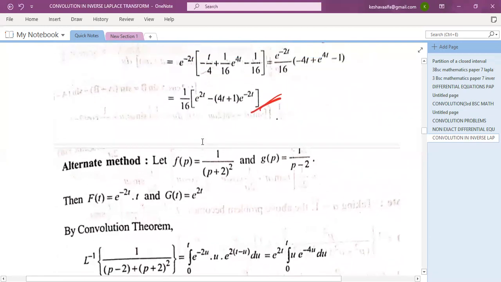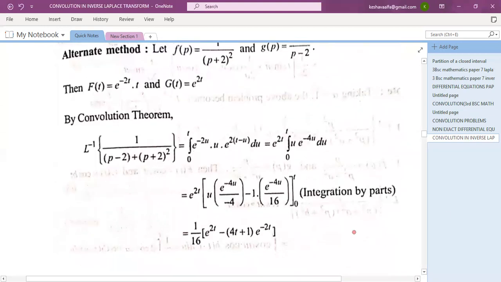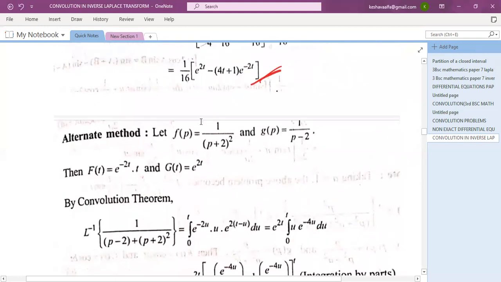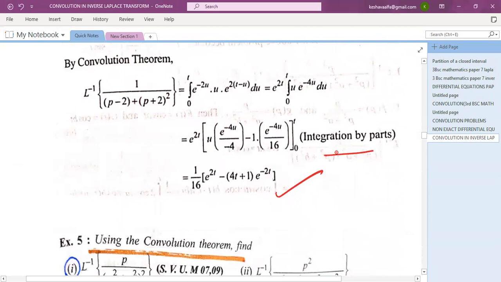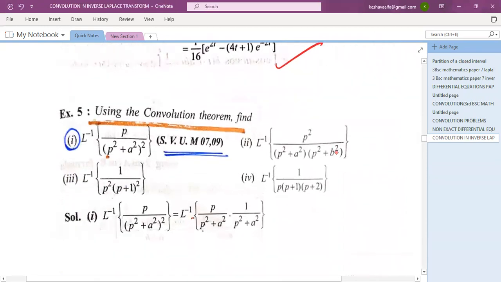So it can be easily solved by integration by parts. It is a simple way. So better to take f of p as 1 by p plus 2 whole square and g of p as 1 by p minus 2. So we get the answer easily and quickly.